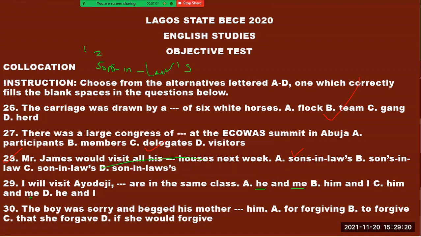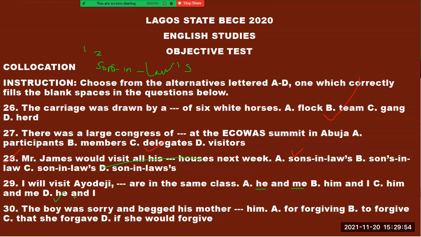You cannot say him and me are because him and me are the objective form and cannot be used in the subject position. You will find lessons I have delivered on pronouns if you browse through the channel, all right? So the correct option is D, and that is he and I are in the same class. He and I are in the same class.